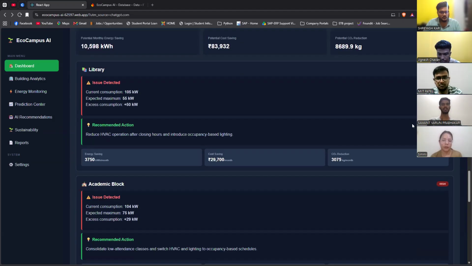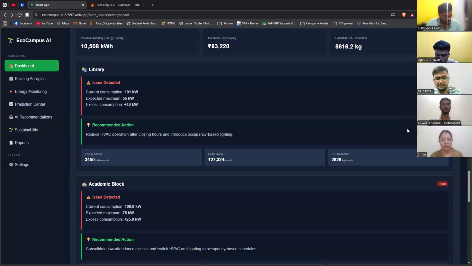The system identifies current consumption of approximately 105 kilowatts, compared with an expected maximum of 55 kilowatts, creating an excess of around 50 kilowatts. It then recommends reducing HVAC operation after closing hours and introducing occupancy-based lighting. The important point is that the recommendation is connected to measurable outcomes: energy saving, cost saving, and CO2 reduction.